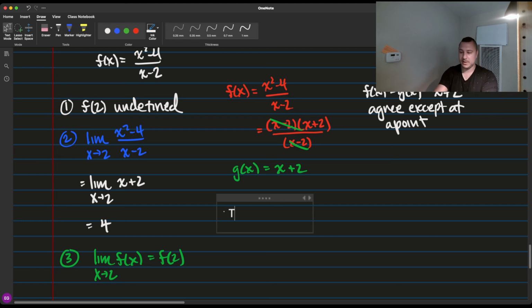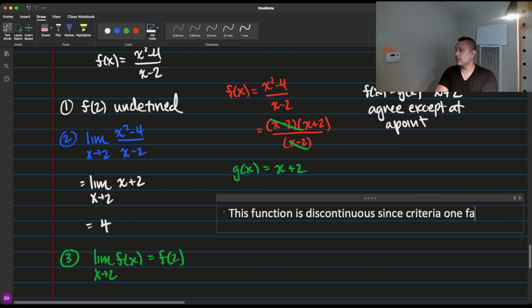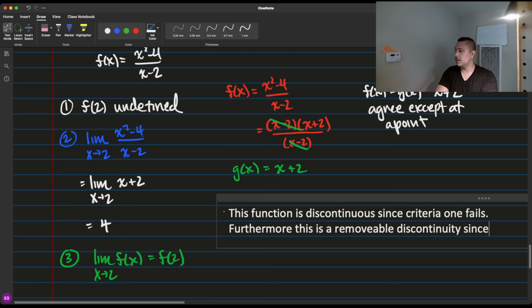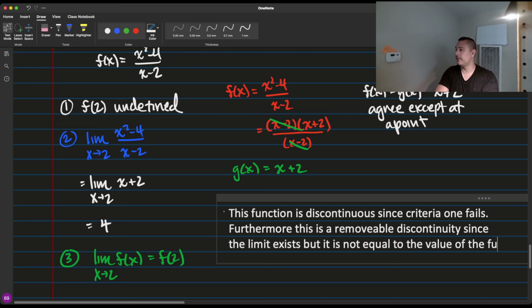So this function is discontinuous since criteria 1 fails. Furthermore, this is a removable discontinuity since the limit exists, but it is not equal to the value of the function, i.e. criteria 3 fails instead of criteria 2.